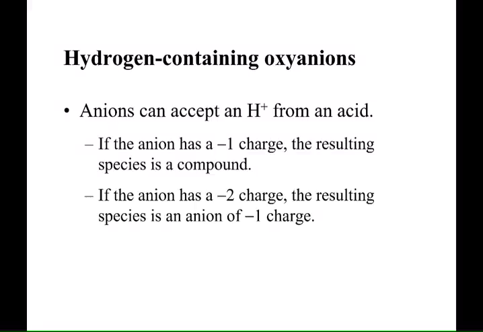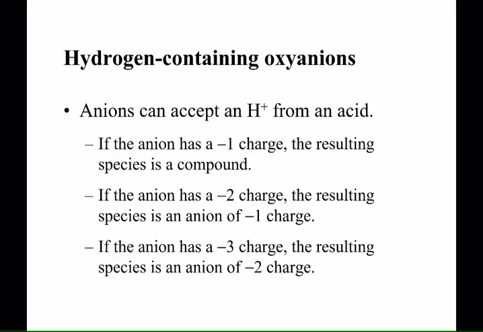It's neutral. If your anion had a -2 charge and you pick up 1 hydrogen, -2 + 1, now it has a -1 charge. And if it had a -3 charge, when it picks up a hydrogen, -3 + 1, now it's running around with a -2 charge. So think of it as adding a hydrogen adds a +1 charge.